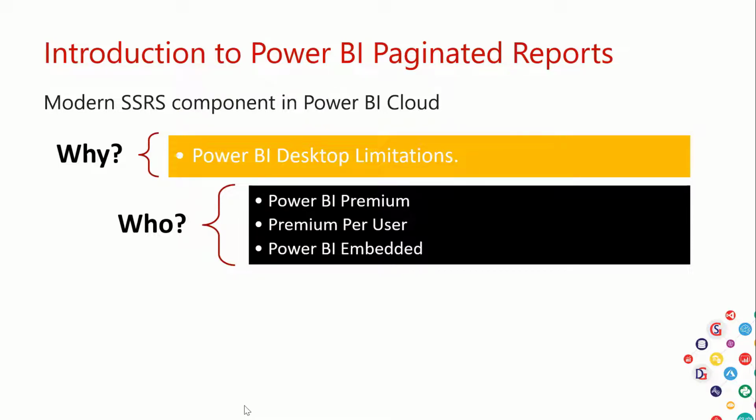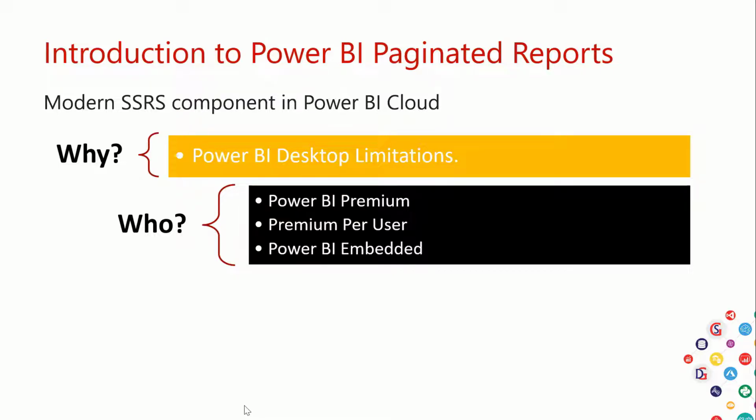And who can use this report? As you know, when Microsoft introduced this Power BI Paginated component, they introduced it as a workload in Power BI service. So it's a separate workload which you can see in the service. This workload is not applicable when you have a Power BI Pro license.